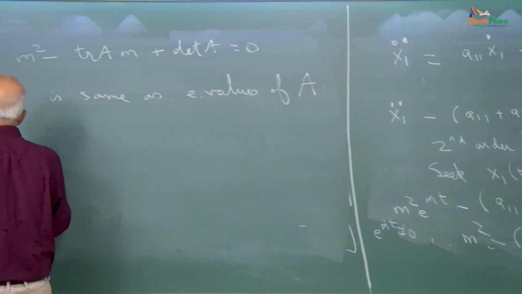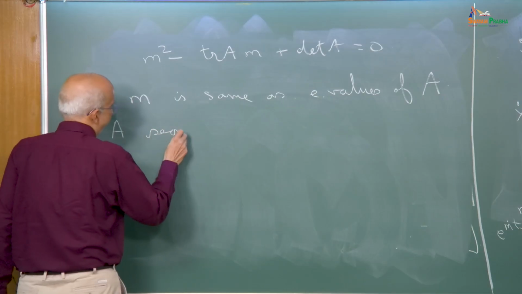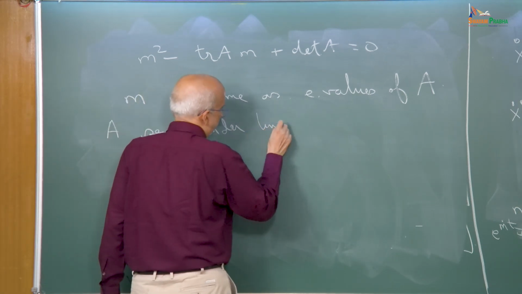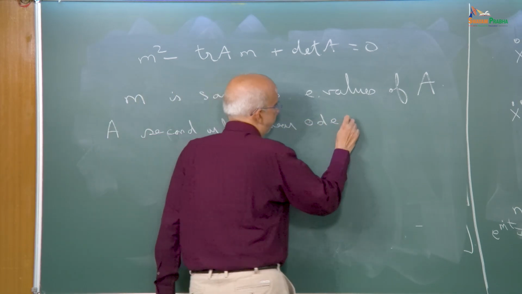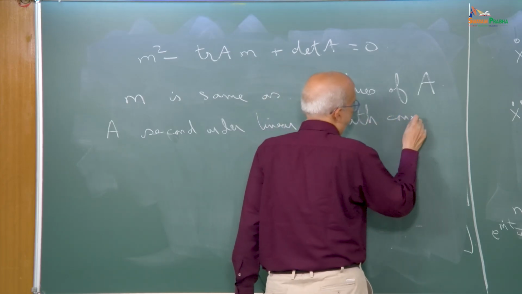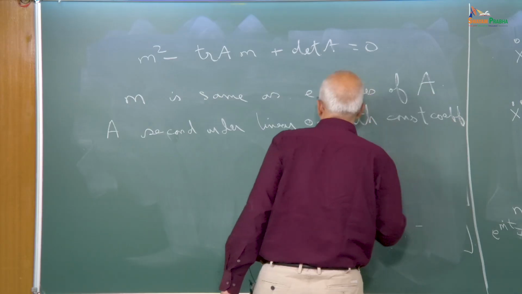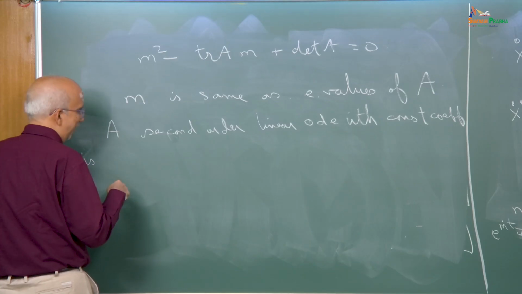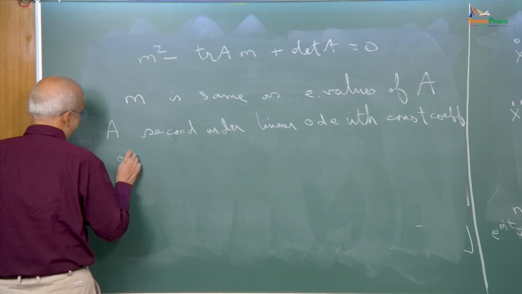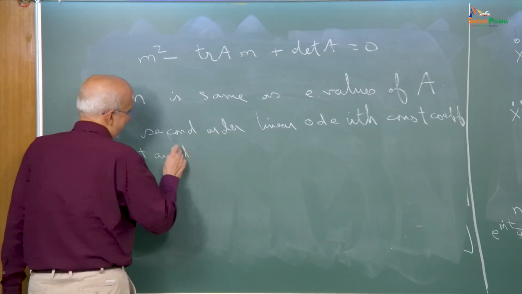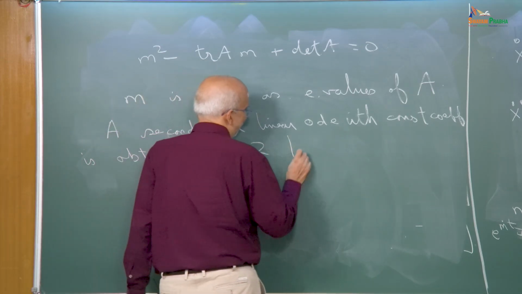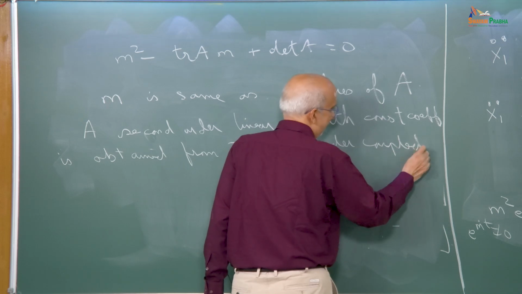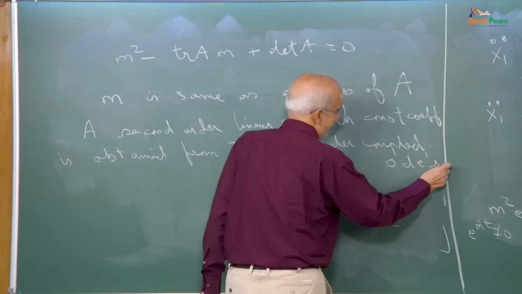So, basically, a second order linear ODE with constant coefficients is obtained from two first order coupled ODEs.